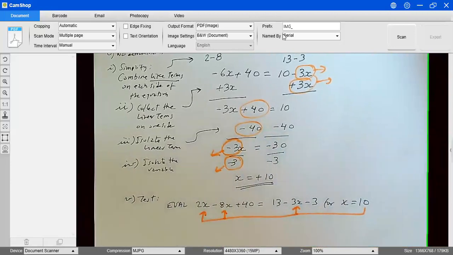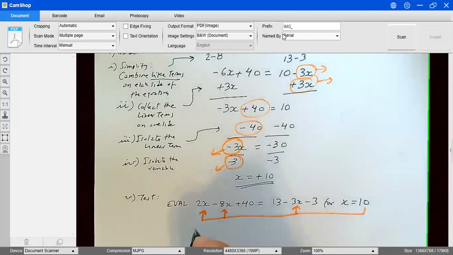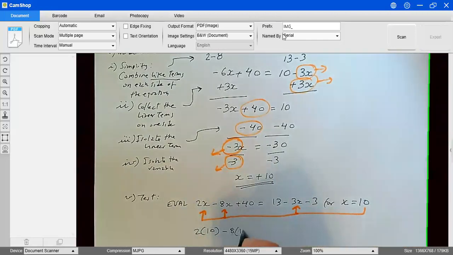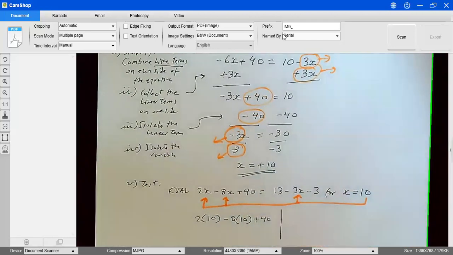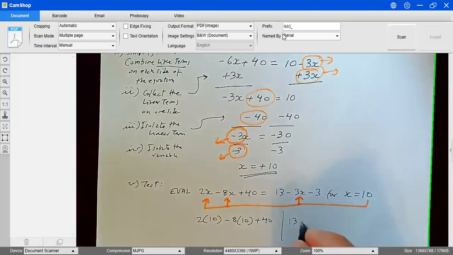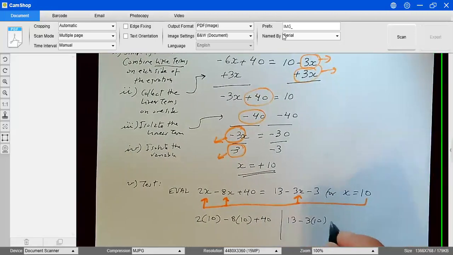So there are three places where x is going to be replaced with 10. So it's going to be 2 times 10 minus 8 times 10 plus 40. That's the left-hand side. The right-hand side is 13 minus 3 times 10 minus 3.